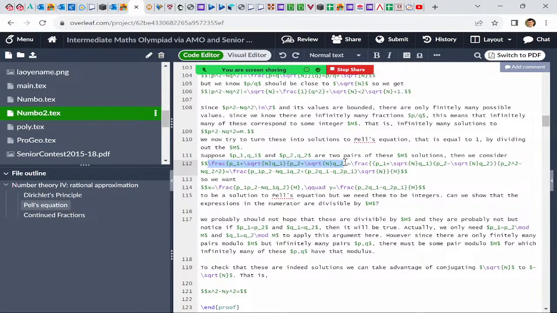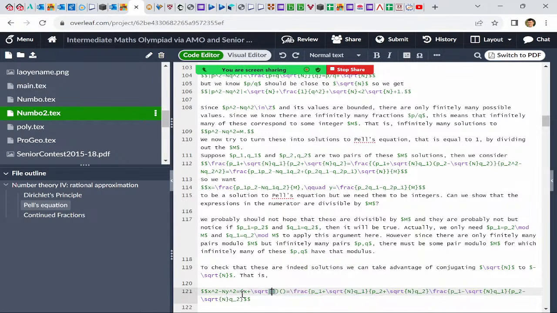You do this fraction, and you times it by the same fraction with minus, because this is equal to x plus square root n, x minus y square root n.